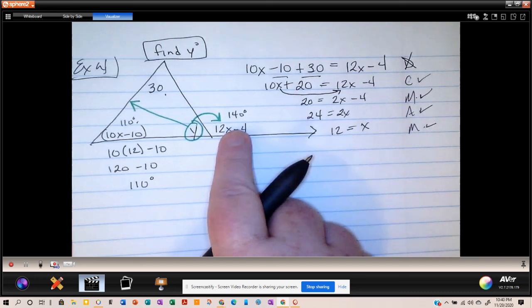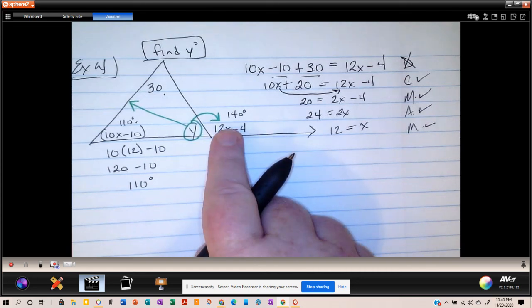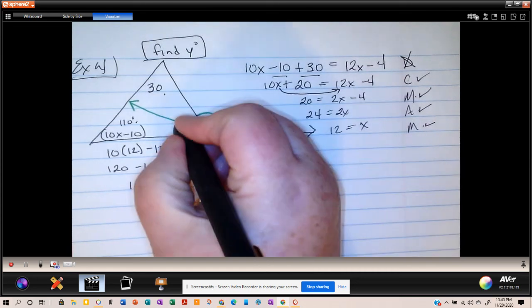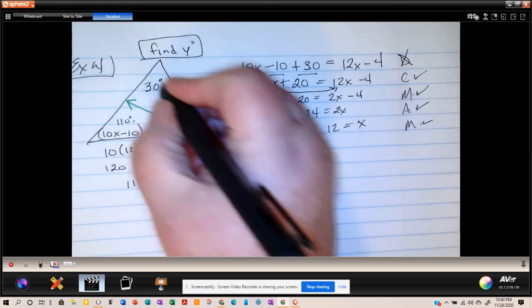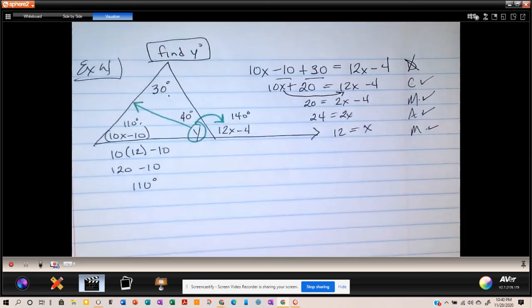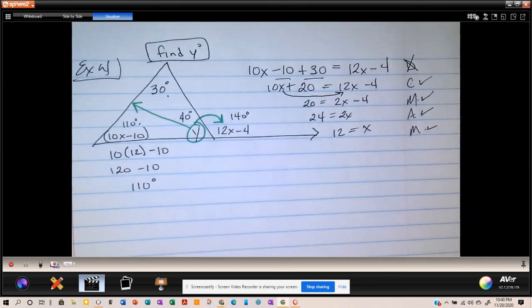They're supplementary. So I'm going to take the pair right here since I know that one answer is 140. The other answer has to be 40. Because 140 plus 40 equals 180.